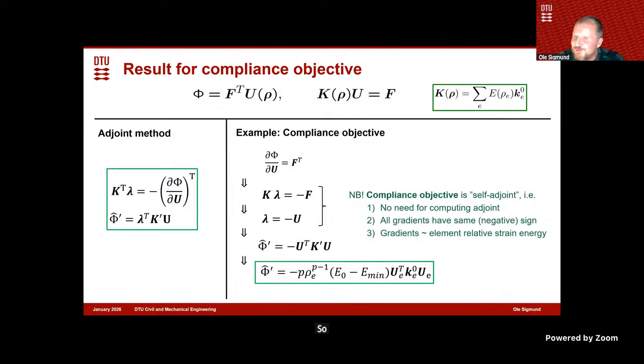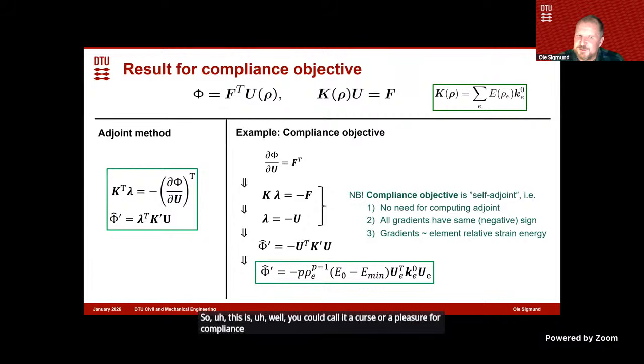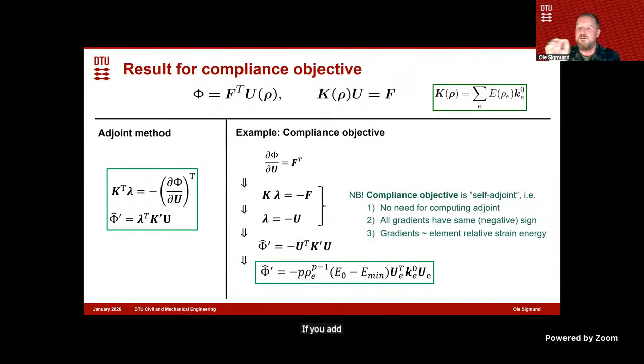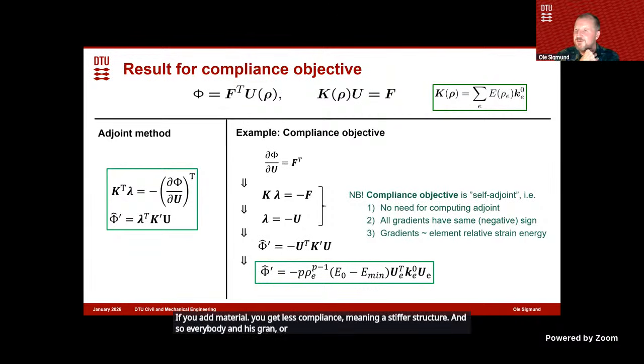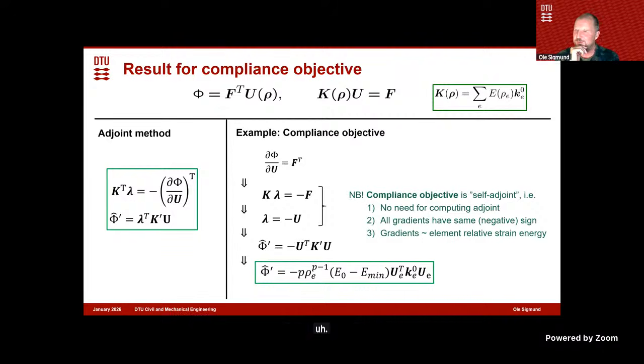So this is, well, you could call it a curse or a pleasure for compliance. It makes it so simple. The sensitivities are simply minus the relative strain energies. And that means that no matter what method you use, if you add material, you get less compliance, meaning a stiffer structure. And so everybody and his grandmother or her grandmother can actually come up with an algorithm that can solve compliance minimization problems. So that's, I think, an interesting observation here, and at very little cost.